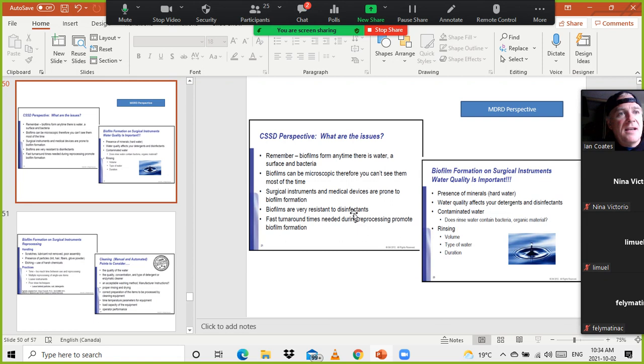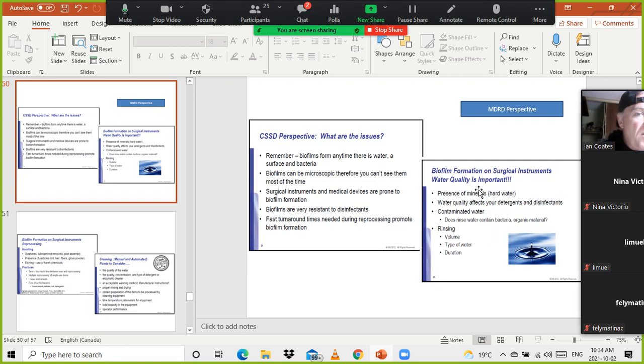This slime is not going to be removed easily, which is the whole point. Fast turnaround time needed during reprocessing promotes these biofilm formations. And they'll come back, because these bacteria know the more biofilm I produce, the longer we will live.